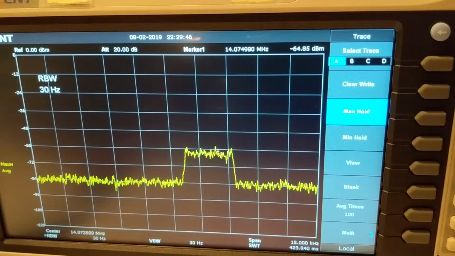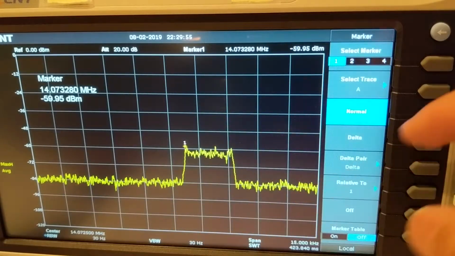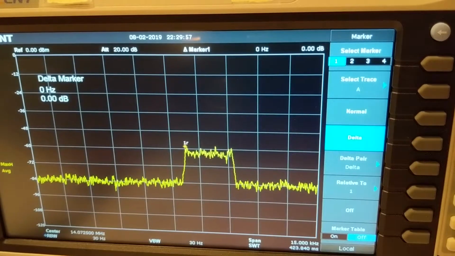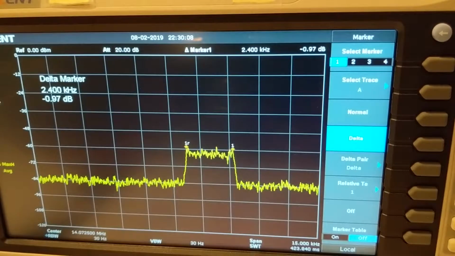Okay, let's see the bandwidth. This is the left band. What's the width? 2.4 kilohertz.